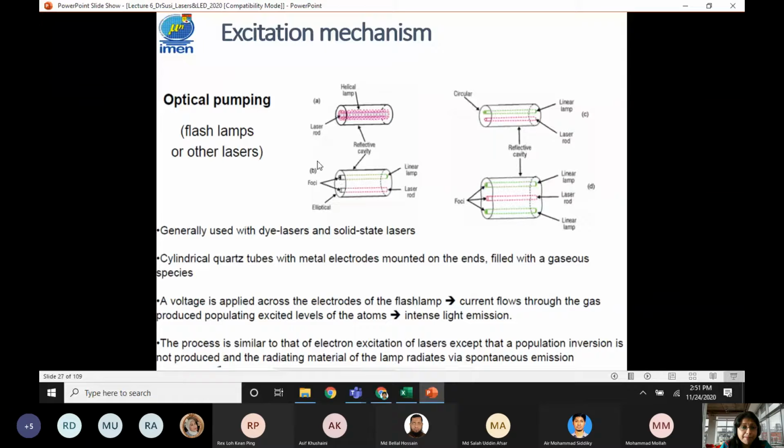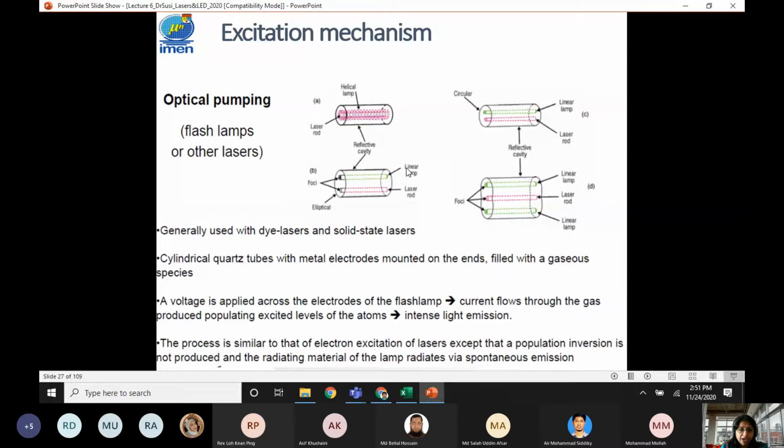Okay, what are the methods to excite the emission of photons? One of the methods is using flash lamps or also other lasers. This is generally used with dye lasers and also solid state lasers. So basically you have a helical lamp inside here, and also a laser rod for emission.